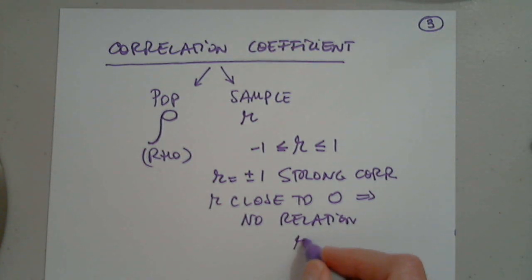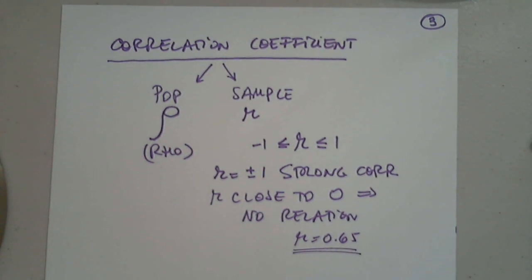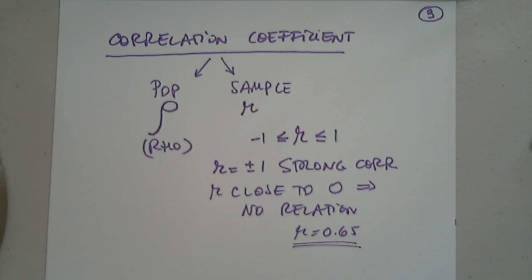So what about r equals 0.65? Yeah, that's good, right? It's not close to 1, but it's not close to 0 either. So it's quite a strong, or medium, upper medium correlation between the two variables.